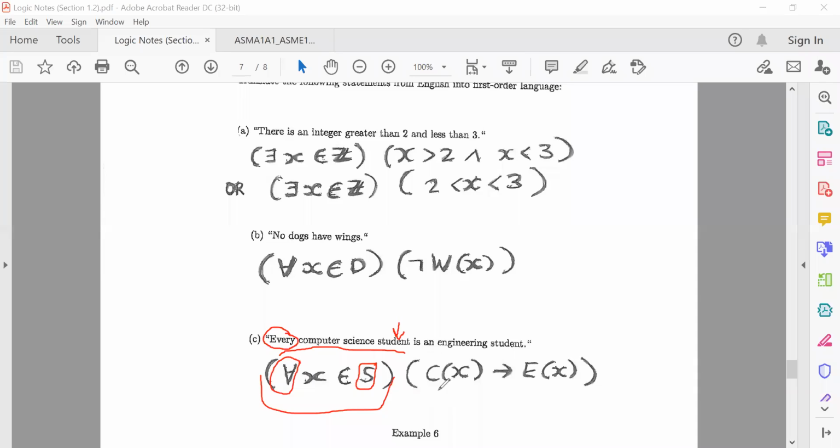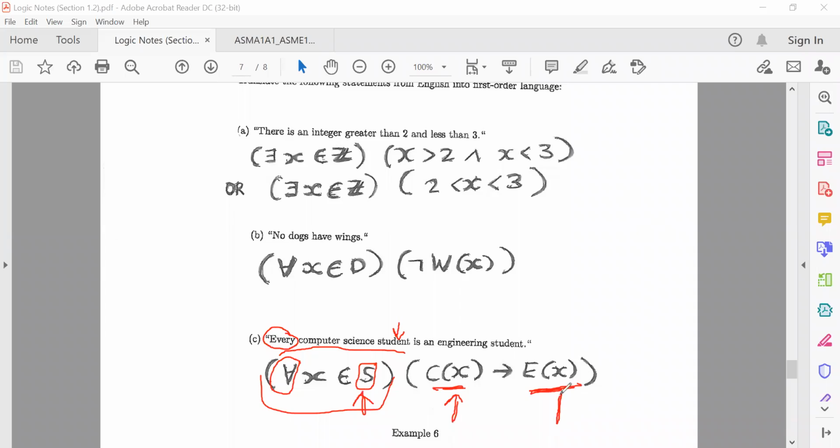So therefore, I can say my predicate C(x), which means x is a computer science student, implies that they are also an engineering student. But please tell me that S stands for the predicate symbol is a student, or the set of all students. Tell me that this predicate is "x is a computer science student."